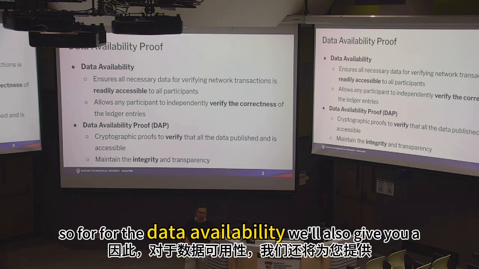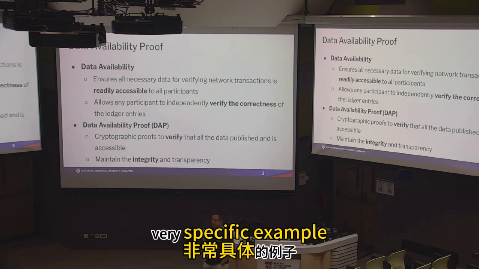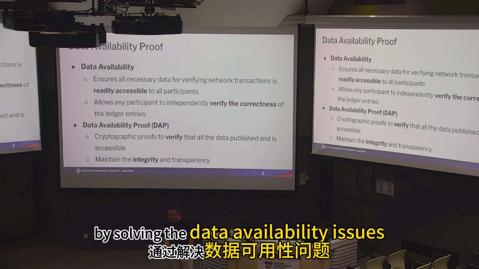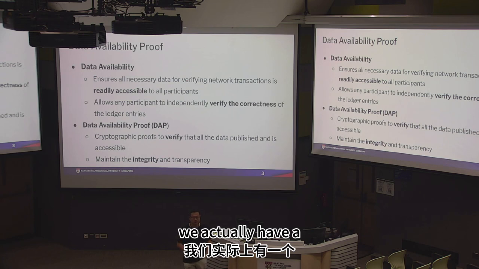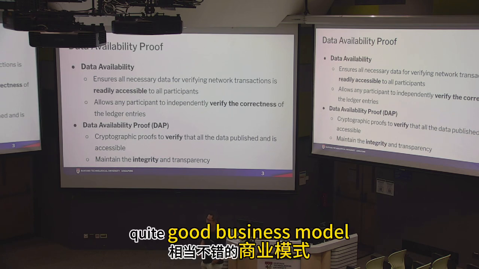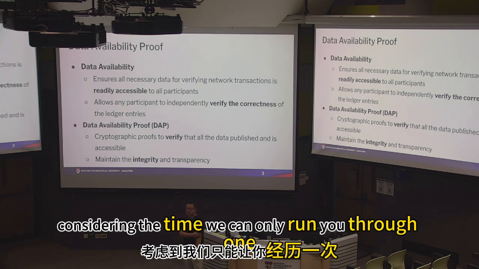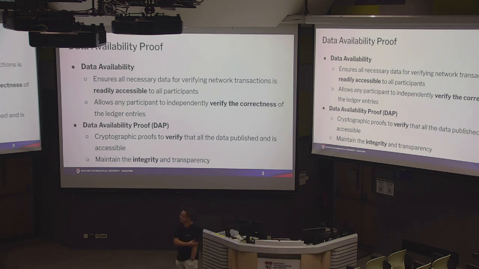We'll also give you a very specific example of how, by solving the data availability issues, the industry has a quite good business model. There are actually quite a few, but considering the time, we can only run you through one.